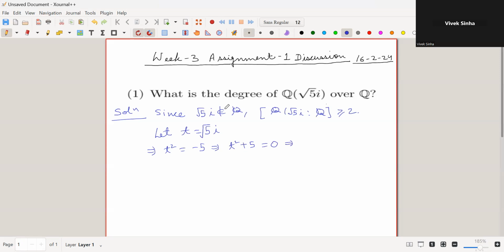And this implies that since root 5 eta satisfies x square plus 5 over Q, the degree of the extension must be less than or equal to 2, because it satisfies a polynomial of degree 2. And combining both these facts, we get that the degree is precisely two.